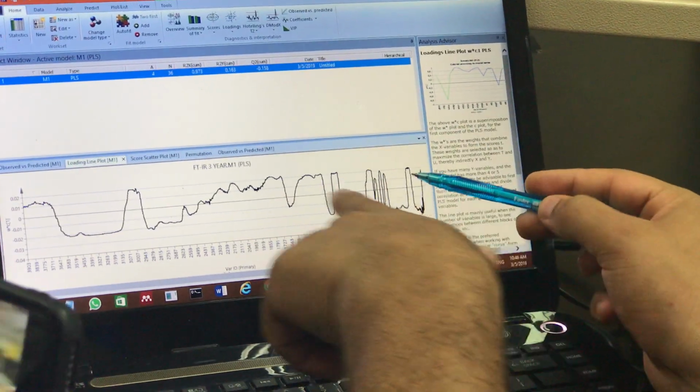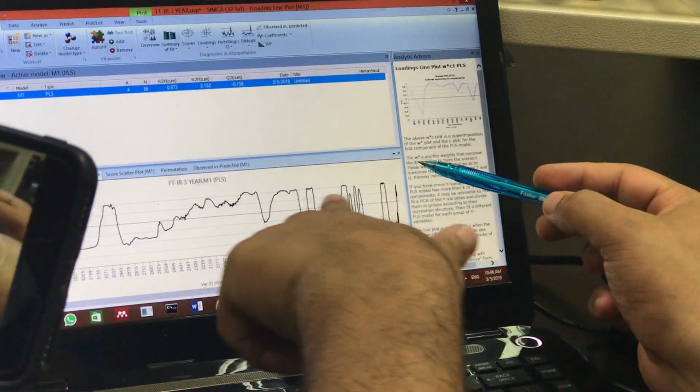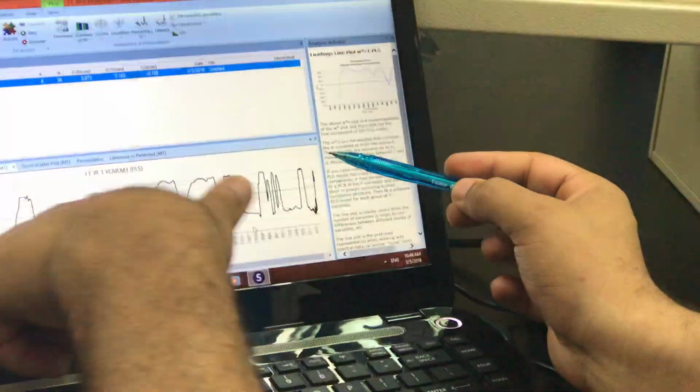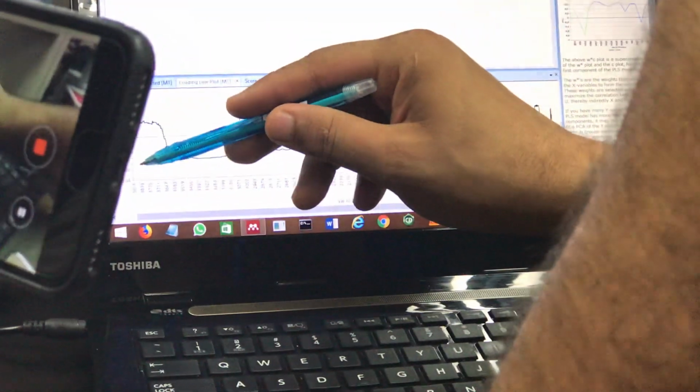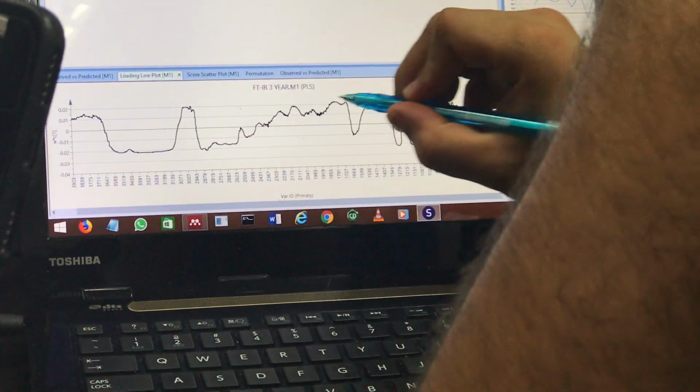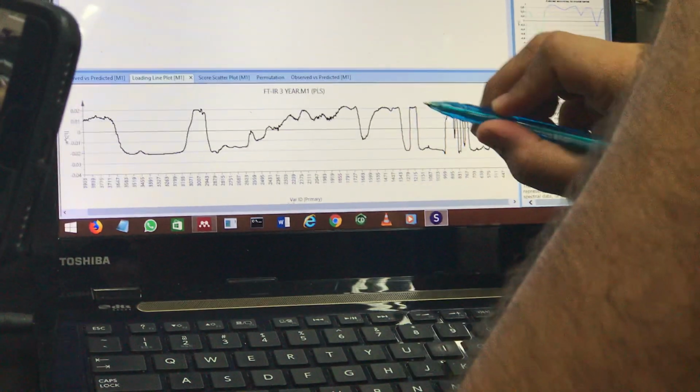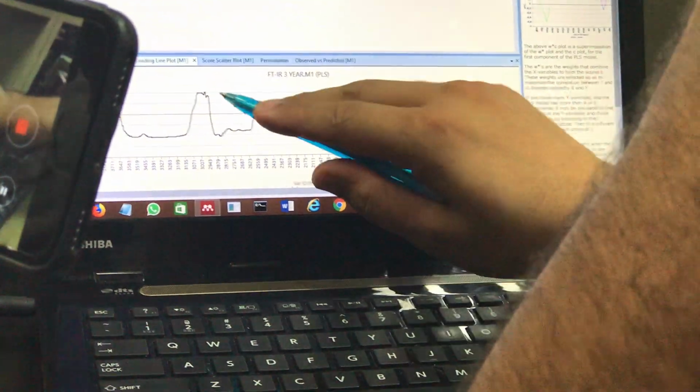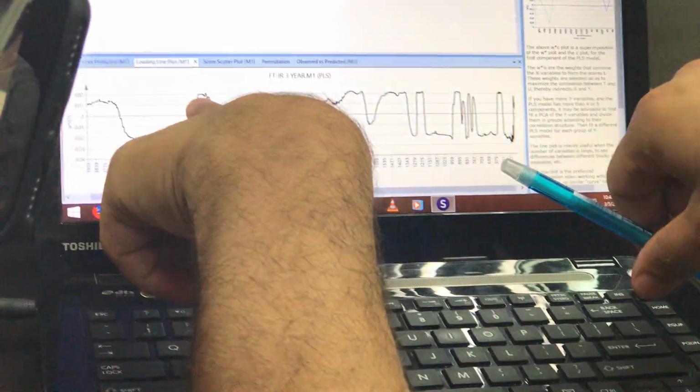You can discuss the functional groups above 0.01. Don't care about this one, this is the resolution. You're discussing only these ones. You can see there are 5. This one is CH.